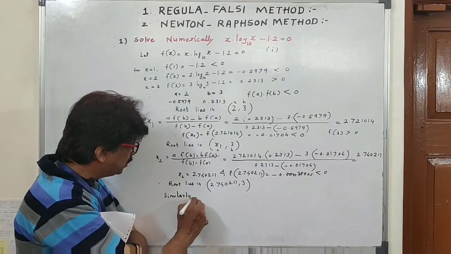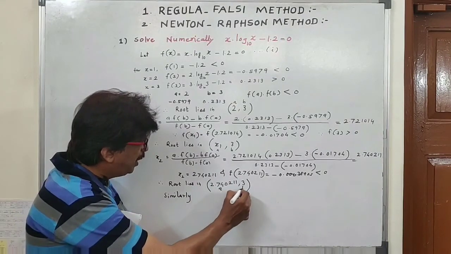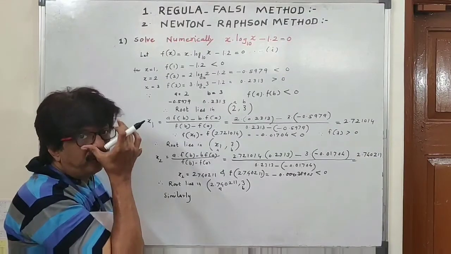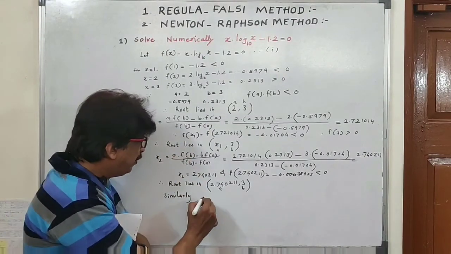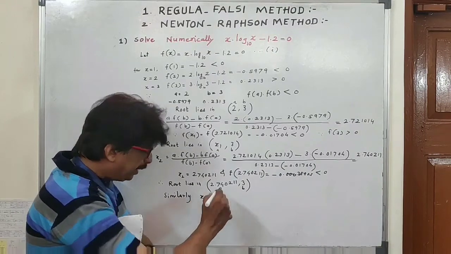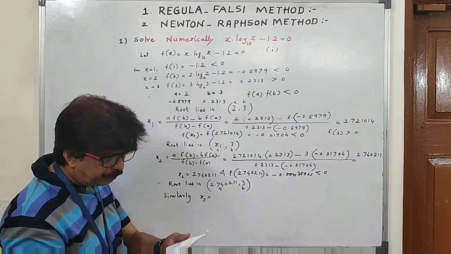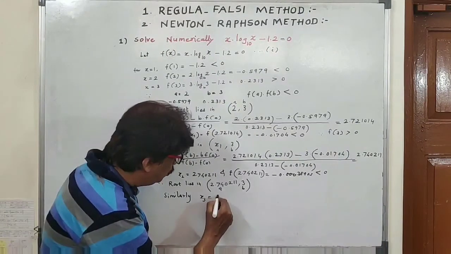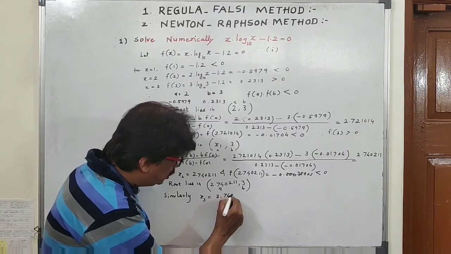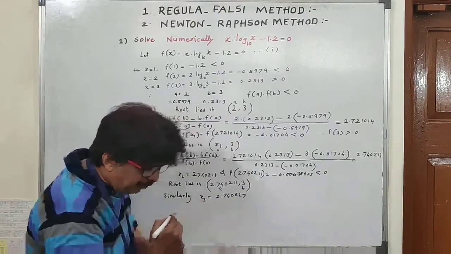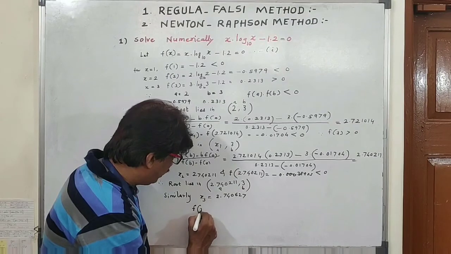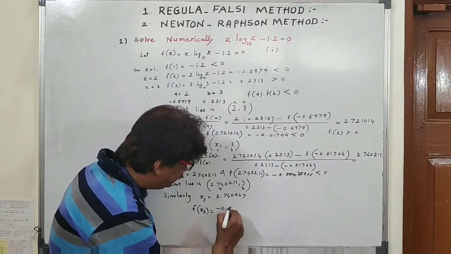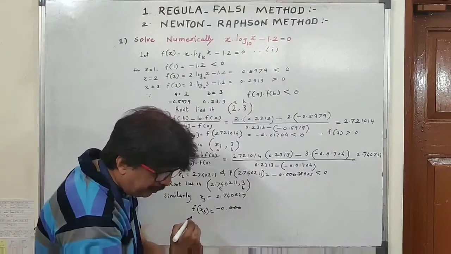Similarly, if we repeat this process, we consider this point as A, this point as B, and again use this formula, A into f of B minus B into f of A upon f of B minus f of A. The value of x3 comes out as 2.740627, and its f value, f of x3, comes out approximately equal to 0.